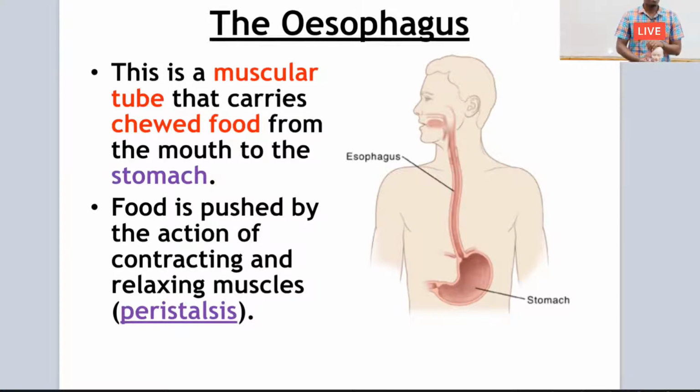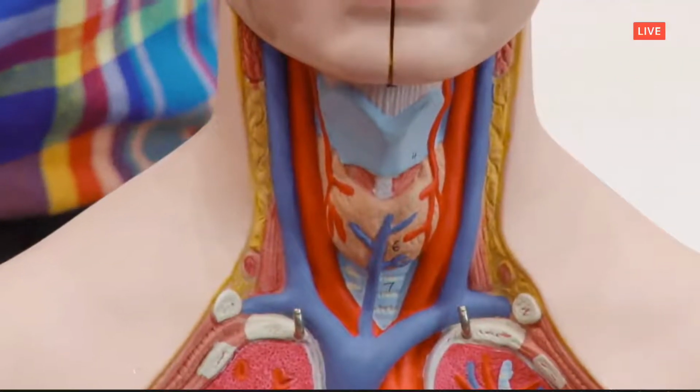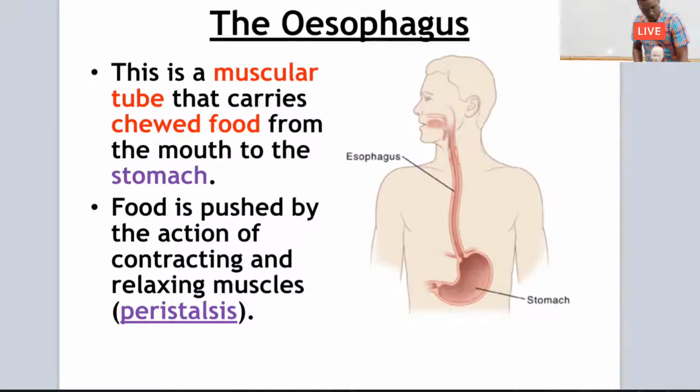There's a process called peristalsis. It's the contraction and relaxation of this esophagus muscle right here that causes the food to go down through this muscle, which you're going to see right there. Now if I backtrack a little bit, we're going to go back to the mouth.